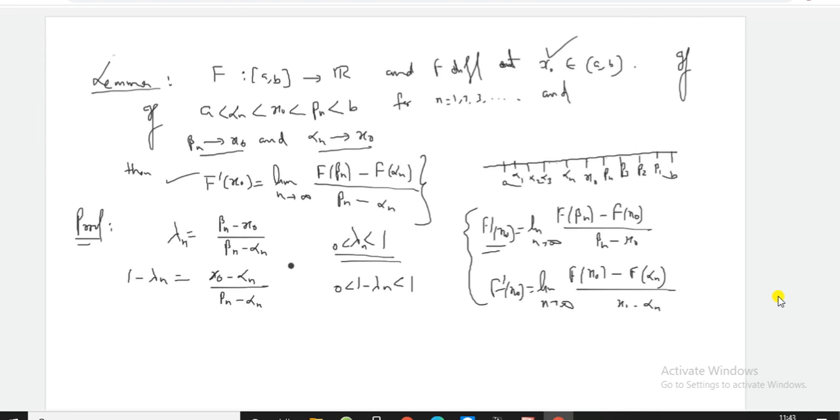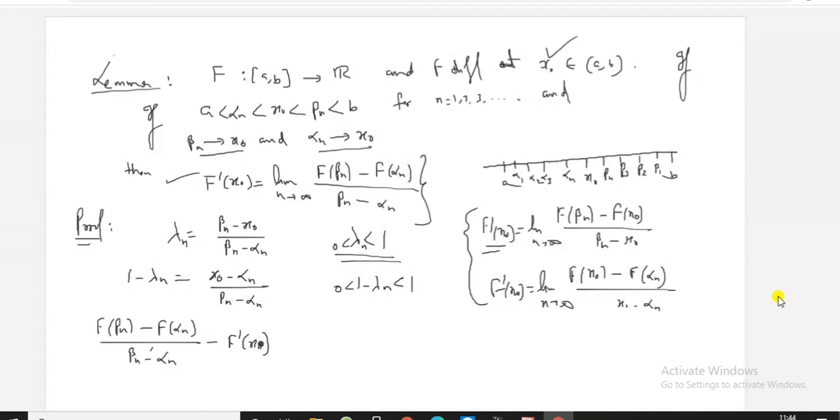Okay. Now we consider this quotient. You can write f beta n minus f alpha n divided by beta n minus alpha n. And you have to show that the limit of this as n tends to infinity is actually f dash x0.